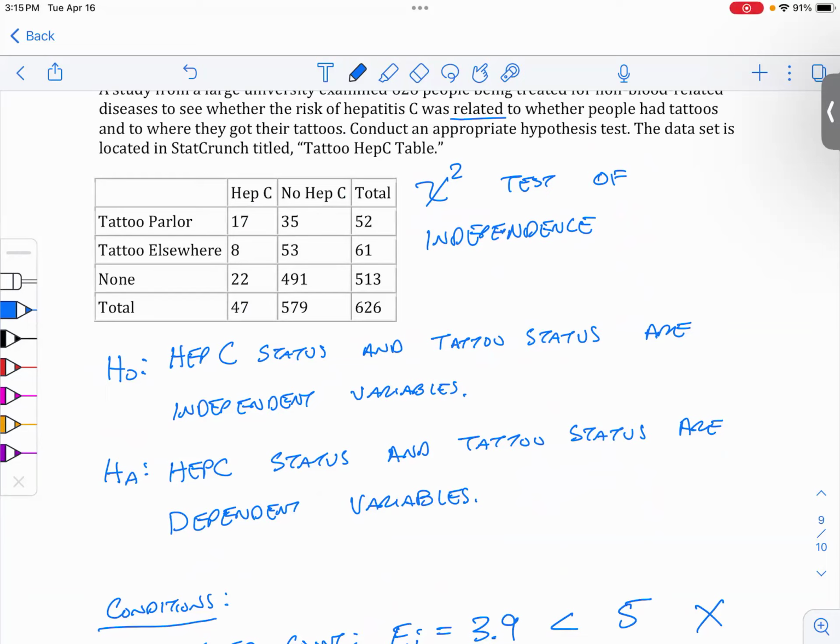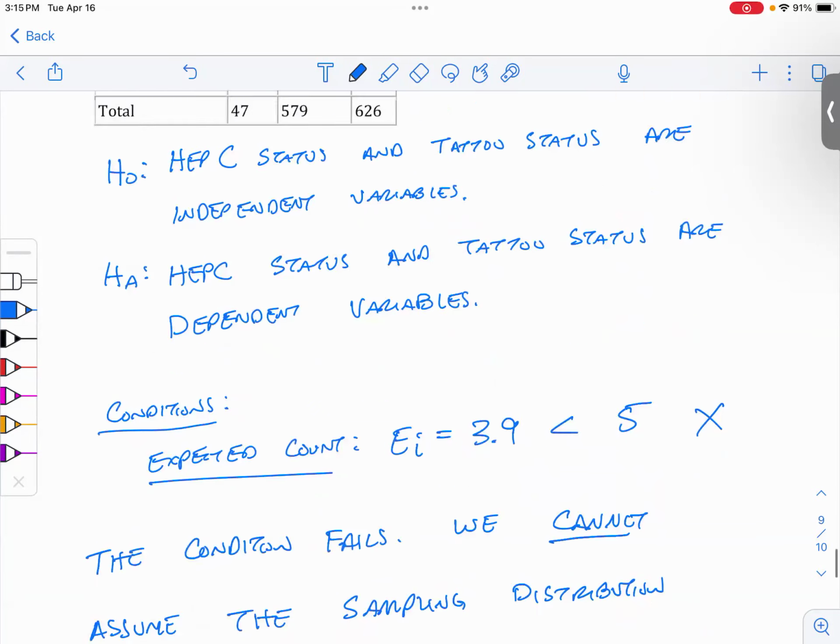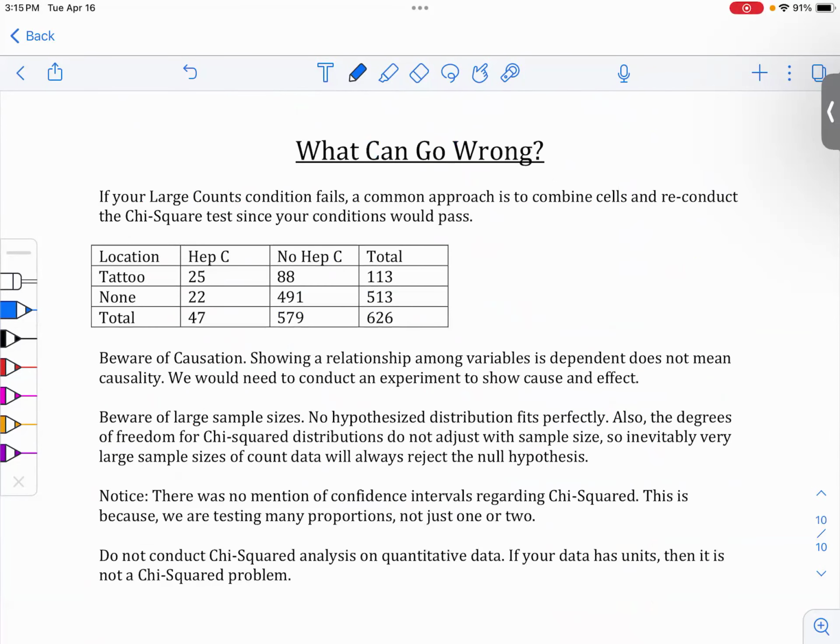So combine those: 17 plus 8 becomes 25. Basically I combined those two top rows and I could redo this test. This would be appropriate because I'm going to bet the cell count condition passes here.